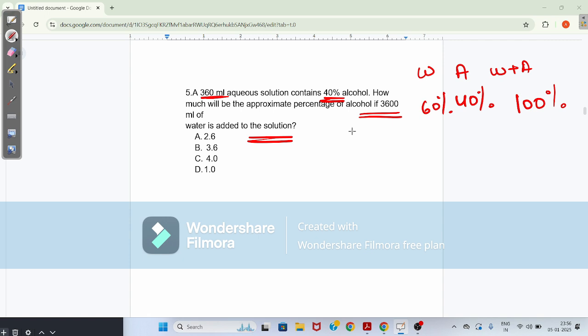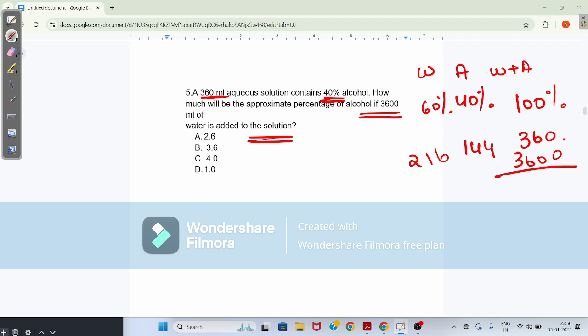Okay, now when the whole 100% mixture is 360, the 40% of 360 is 144, and 60% is 216 here.